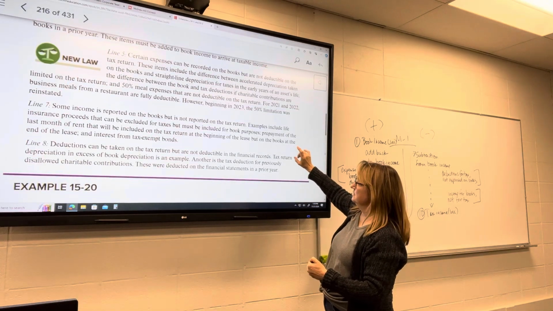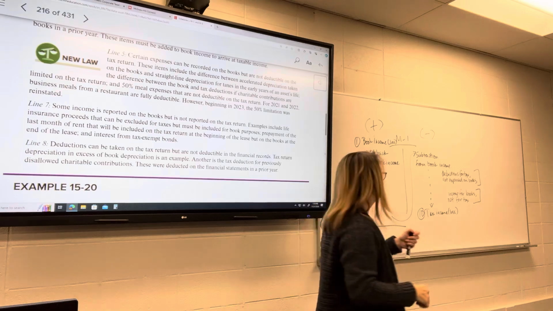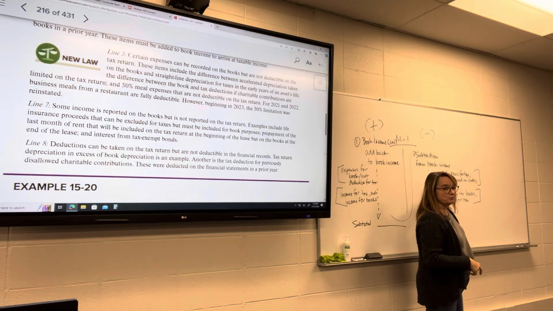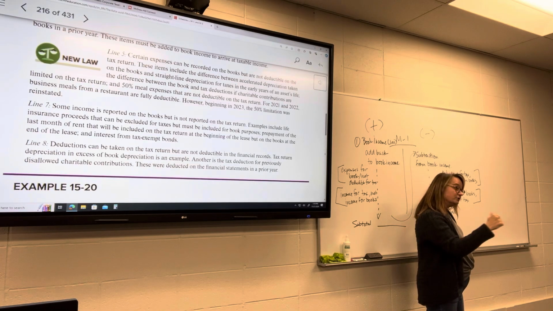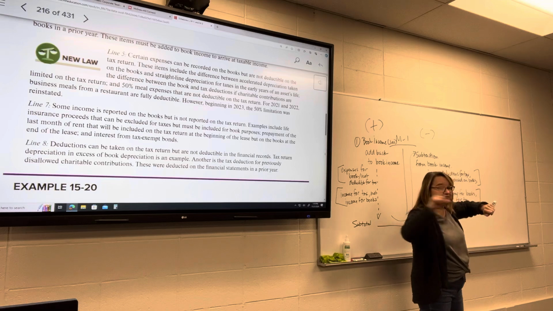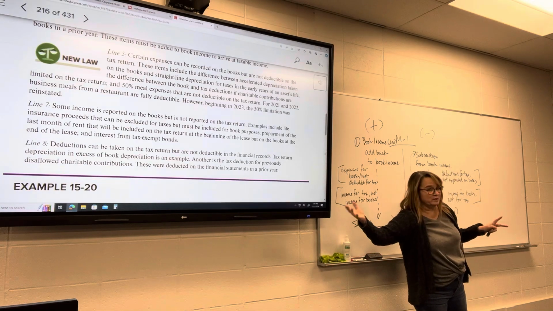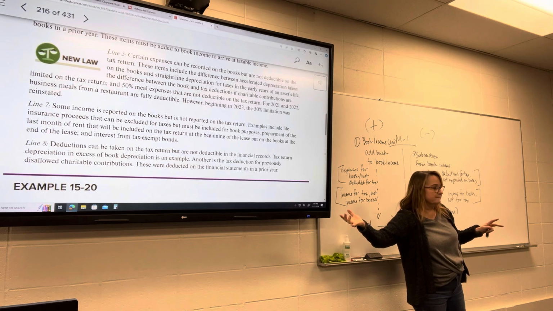Charitable contributions. Say you had a charitable contribution carry forward because you couldn't take it in a prior year. Well, now on your tax return you get to take it, but on the financial statements you already expensed it in whatever year it was that you made that contribution, right?